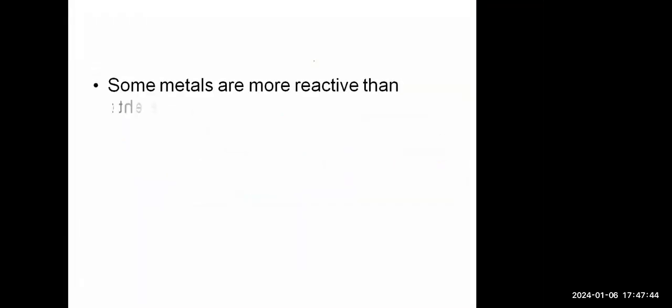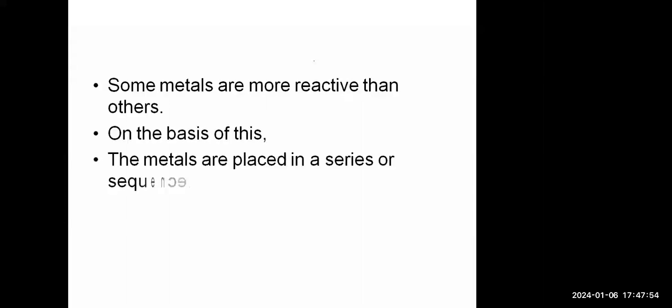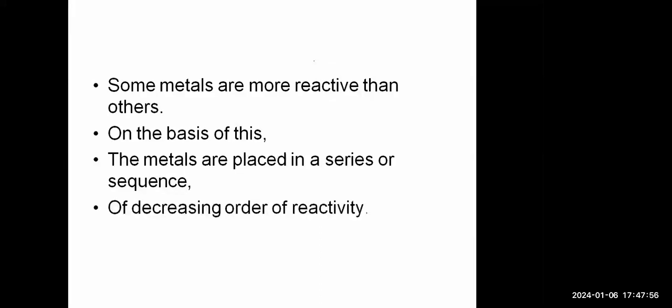Okay. Now, we have discussed two properties, the reaction of metals with oxygen and with water. In both of them, we saw that the intensity of reaction was decreasing, and based on that, we have the reactivity series. The reactivity series is a sequence of metals arranged in decreasing order of reactivity.